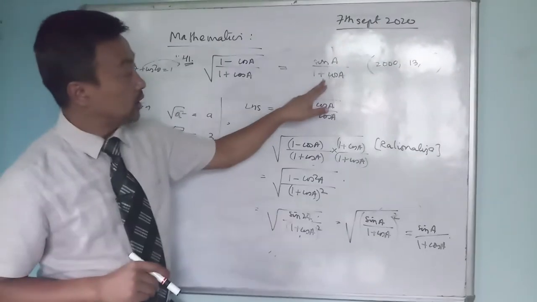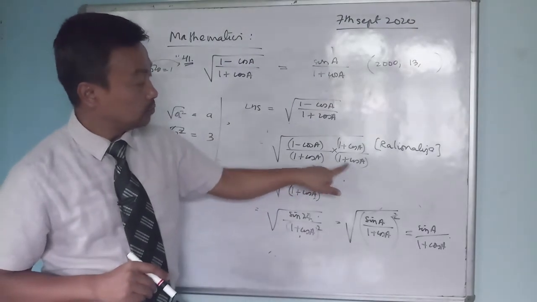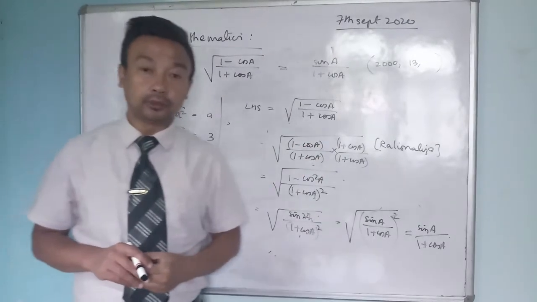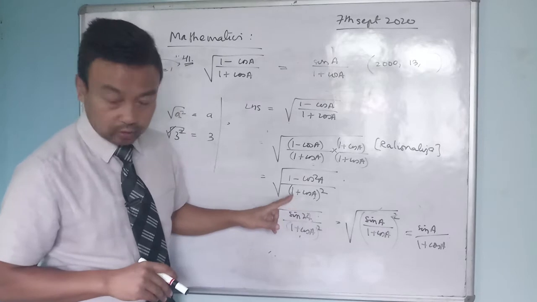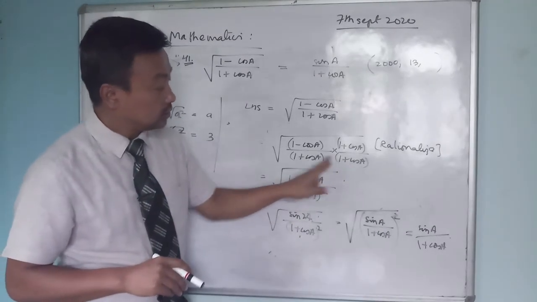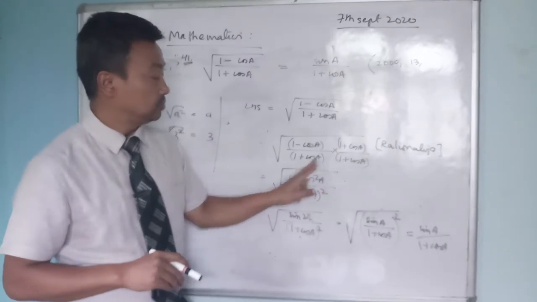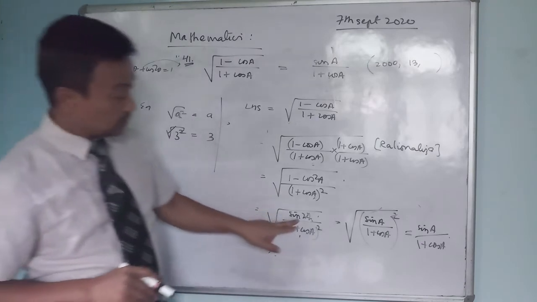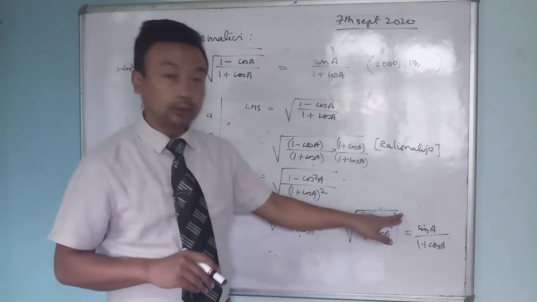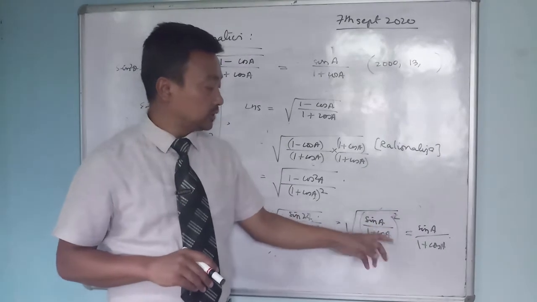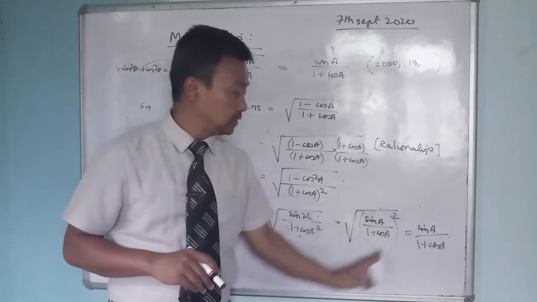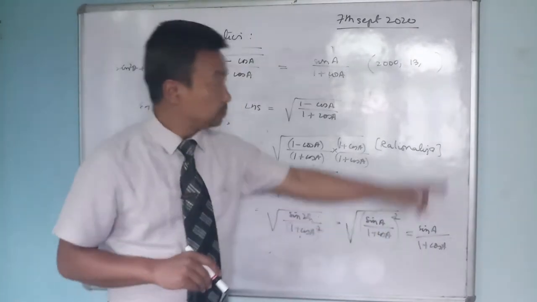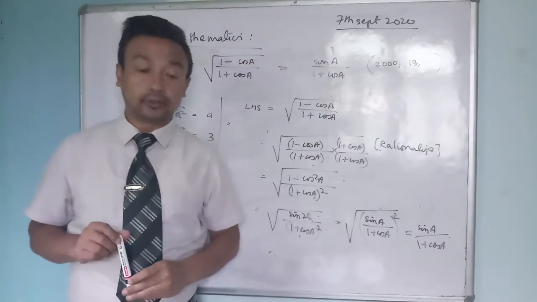Since here we need 1 plus cos A, we have to multiply with 1 plus cos A. Here we have used the formula a minus b, a plus b. And here also, the two brackets are same, so it will be a whole square. Then here we have used these trigonometric ratios. Then we made it a single power, and this square and the root cancel, the root is removed. So finally what we get inside is sine A upon 1 plus cos A, which is same as the right hand side.